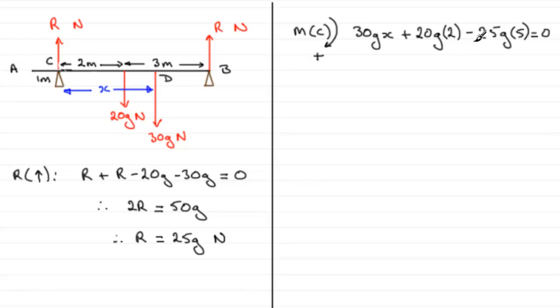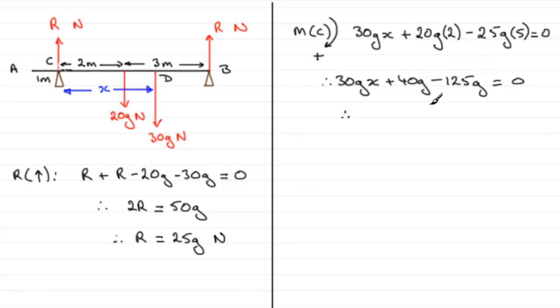So it just means that we can find out what x is now in this equation. So what we've got then is 30gx, this is plus 40g, and then we've got minus 125g, and that equals 0. So if we group these two together, we end up with minus 85g.